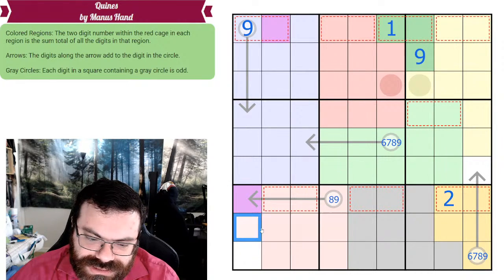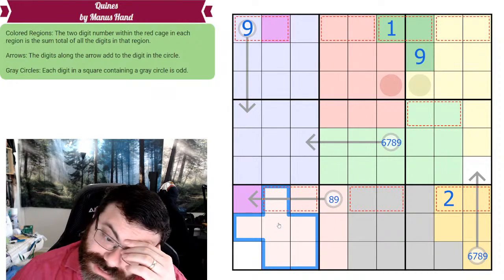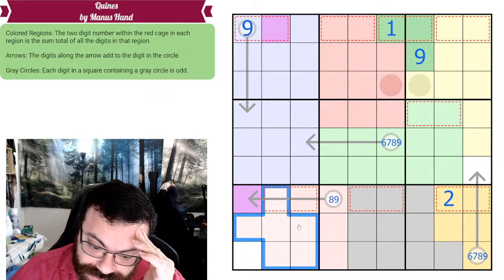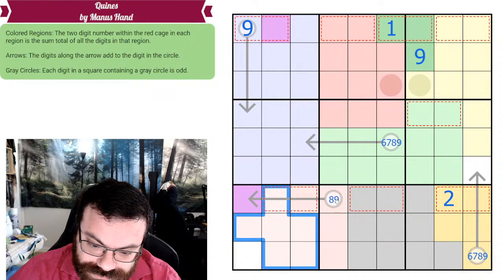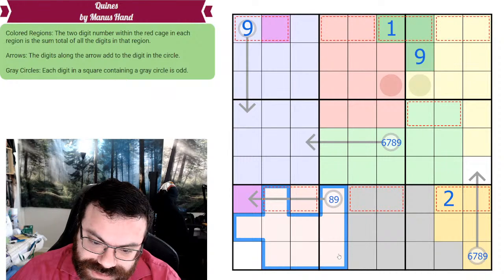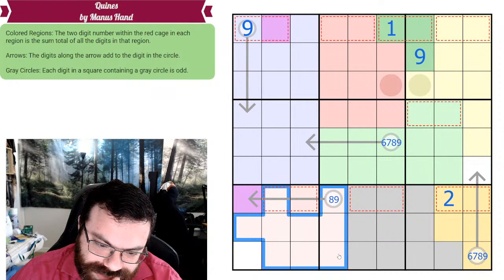No, wait. Let's do these together. All of these together. 1, 2, 3, 1, 2, 3, 4, 5, 6. So that's 21 plus 8 is 29. Plus 3 is 32. So I can't even add to 30.